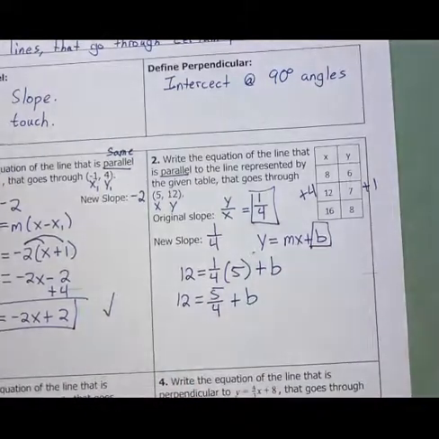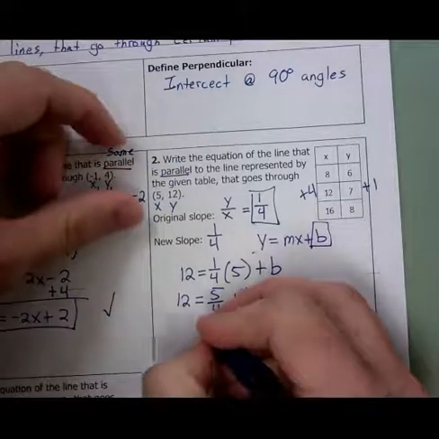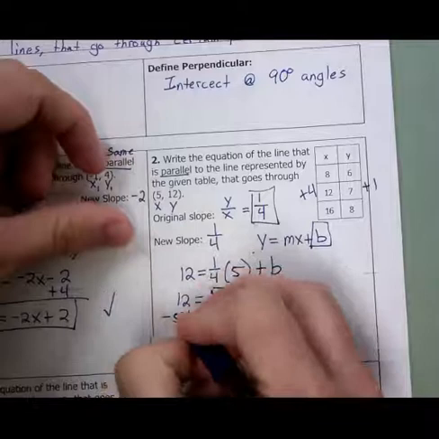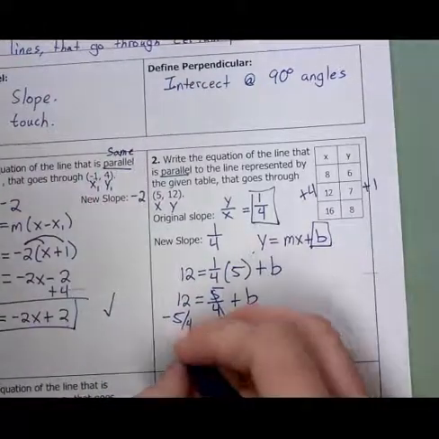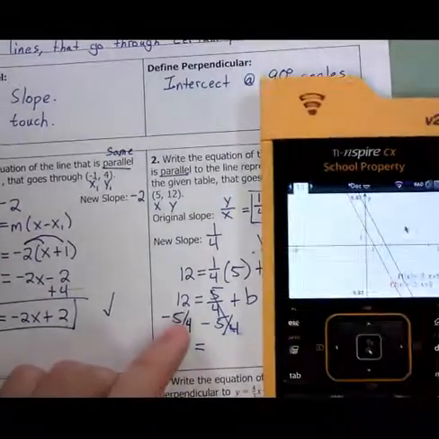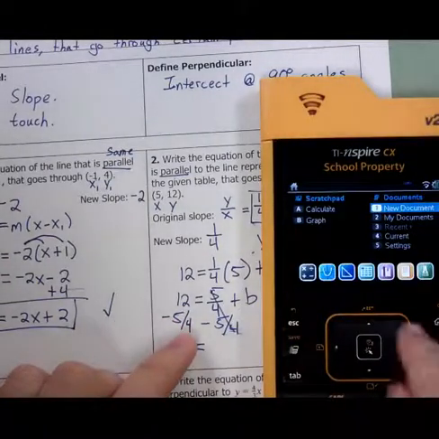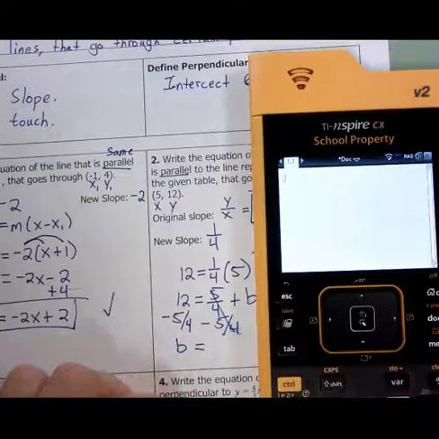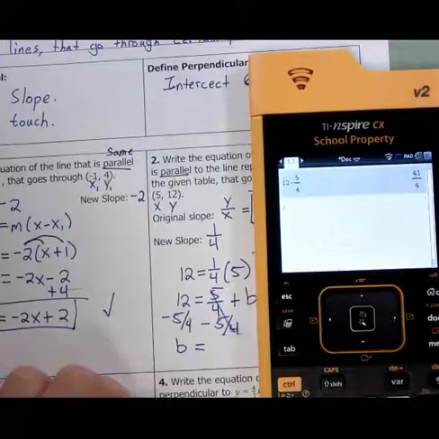All right? And our last step to get b by itself is to subtract over the 5/4. Subtract over the 5/4. I know that's uncomfortable for some of us, and that's going to tell us that b equals, we'll find out here, add a calculator screen, 12 minus 5 divided by 4, enter.